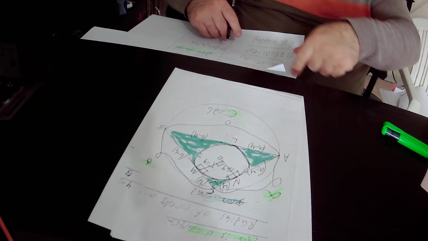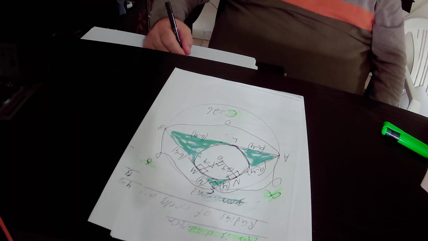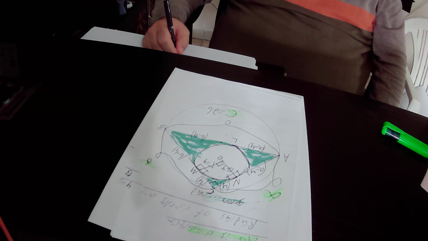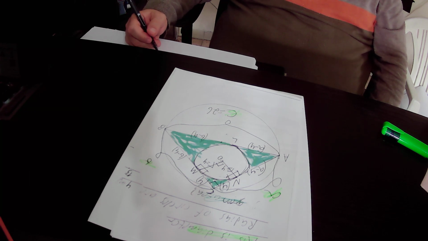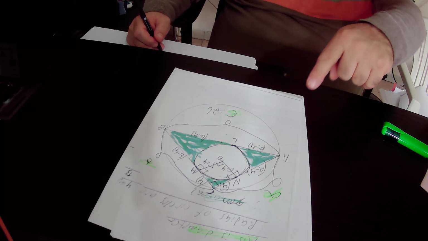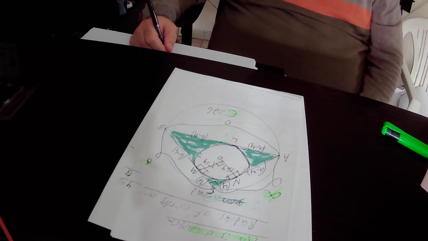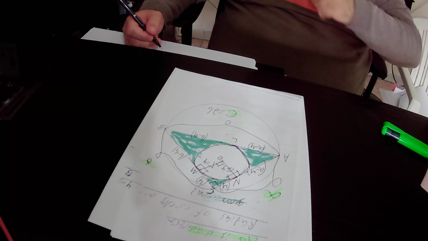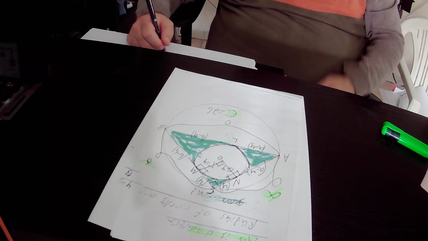So here AB equals 26, therefore AB squared is 26 squared, that is 676, and it is equal to AC squared. AC equals A, so AC squared is A squared, plus BC squared. BC equals B, so BC squared is B squared.